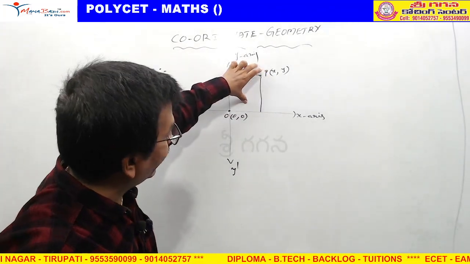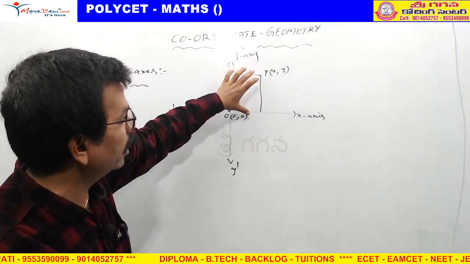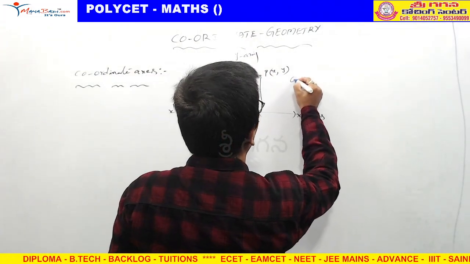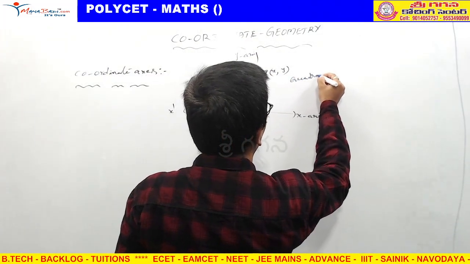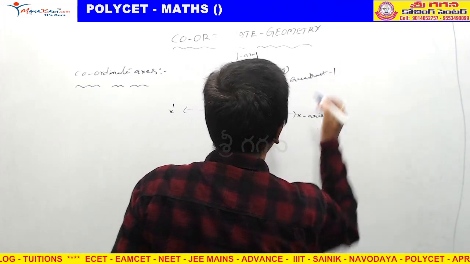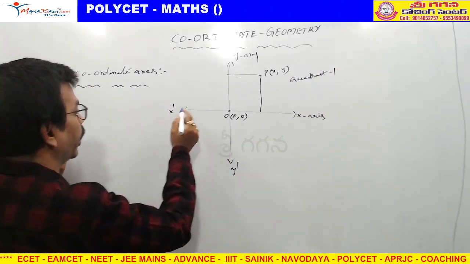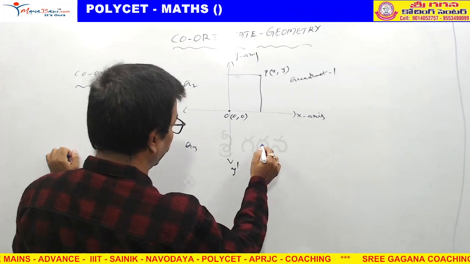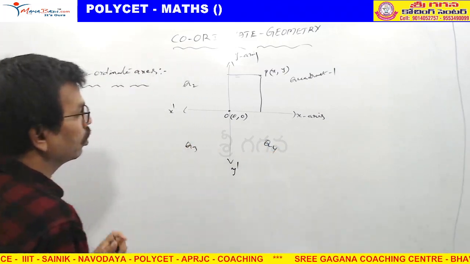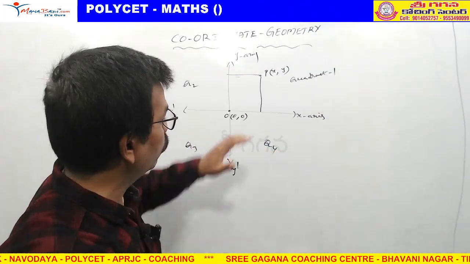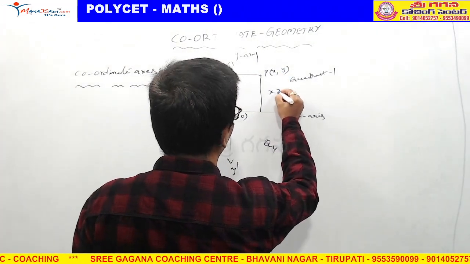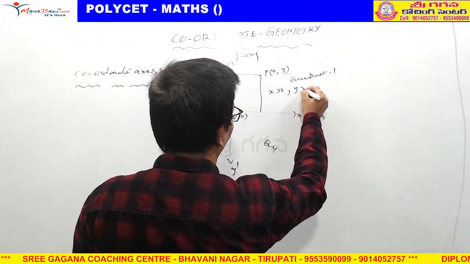If you see properly, this is P(x, y). In this quadrant, both are positive. That's why it is called the first quadrant, quadrant 1. Simply we will denote the quadrants Q1, Q2. I am writing here, this is Q2, this is Q3, that means quadrant 3, this is Q4. When you are taking the first quadrant, both x and y are greater than 0.